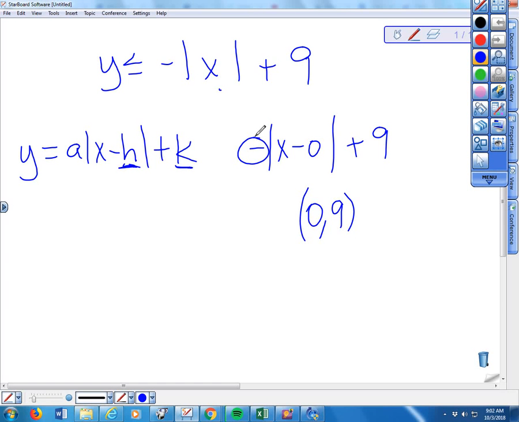It's going to go down. The negative means it flips over. So it needs to be one where the V is going down. So automatically I've ruled C and D out. And the vertex needs to start at 0, 9. There's only one that starts at 0, 9. Yeah? I had B on this one.